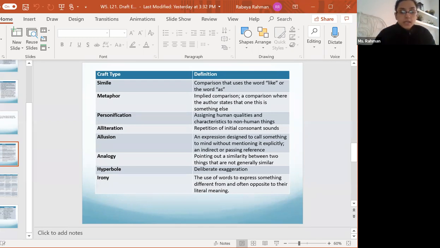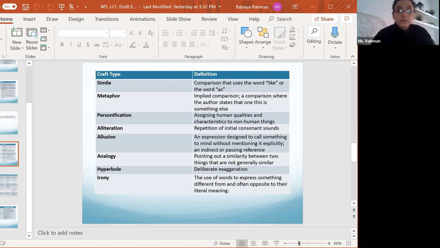Personification is assigning human qualities and characteristics to non-human things. Alliteration is repetition of initial consonant sounds, right? Red rabbit ran rapidly, right? Allusion, an expression designed to call something to mind without mentioning it explicitly, an indirect or passing reference.